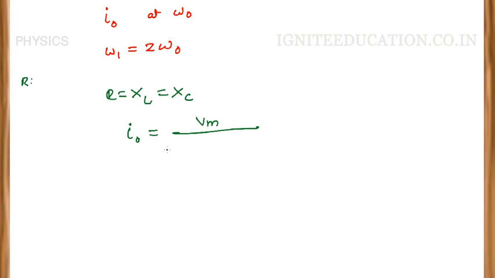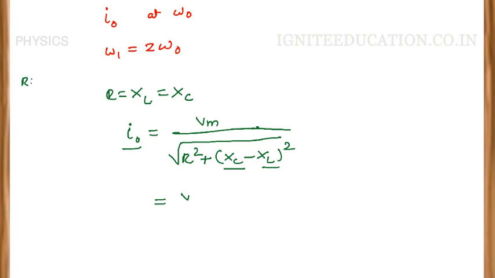You have to represent the correct variables. We can write Im here and Vm, or you can write I naught and here also V naught, no problem. Concept is the main thing. So I naught is equal to Vm by root of R square plus XC minus XL whole square. This is the formula for the current flowing through the circuit. At resonant condition, XC is equal to XL, so it becomes Vm by R. So I naught is equal to Vm by R.